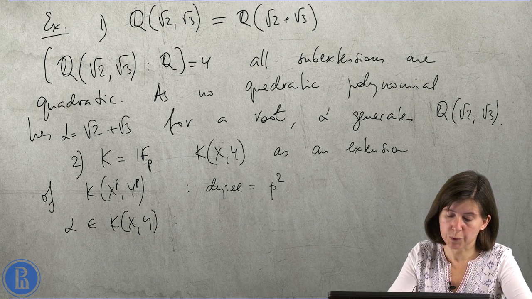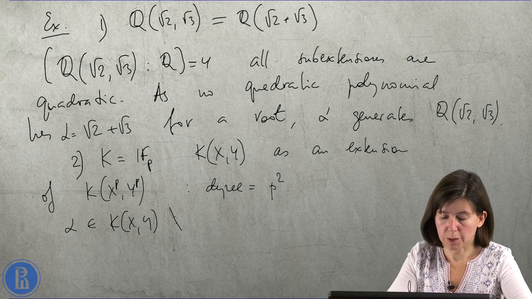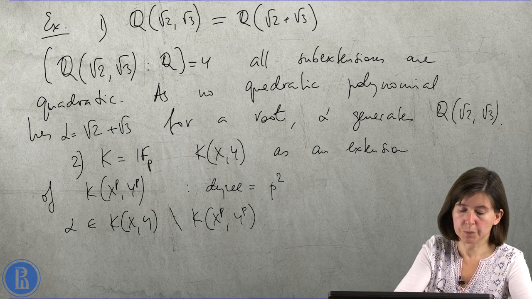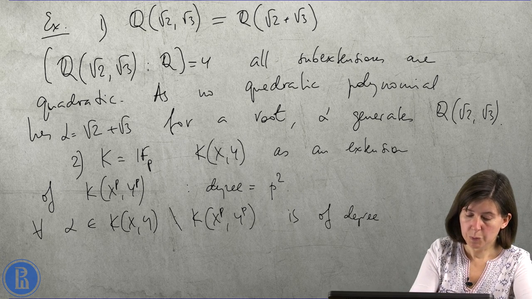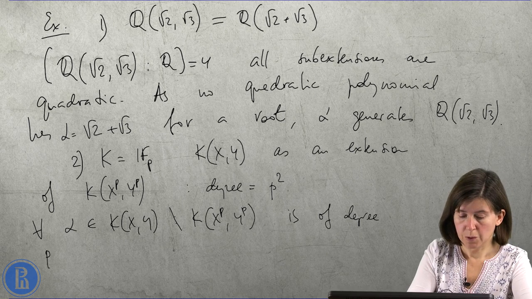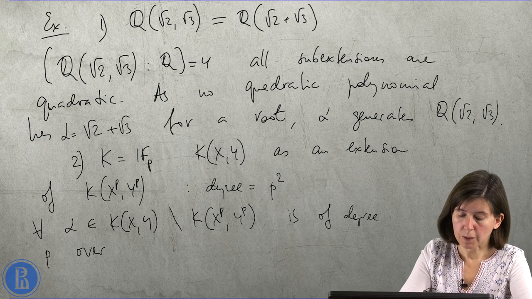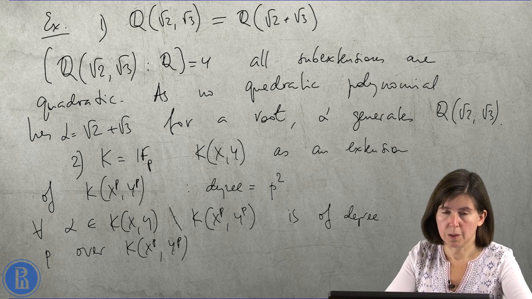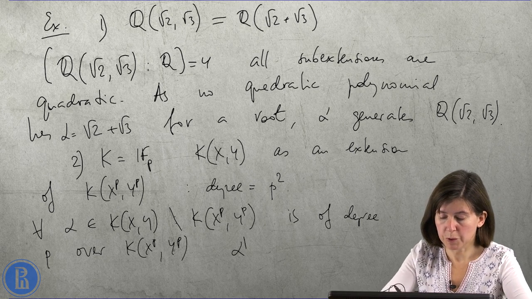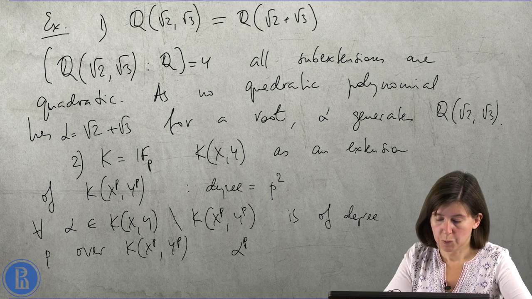So alpha in k(x, y) but not in k(x^p, y^p) is of degree p over k(x^p, y^p), since alpha to the power p belongs to this smaller field of pth powers.